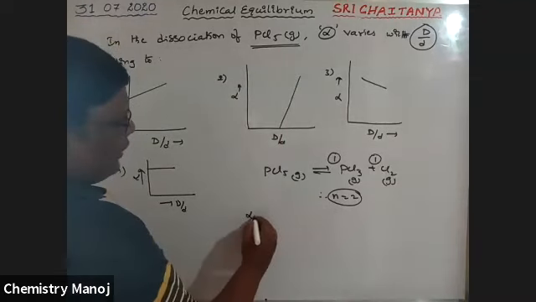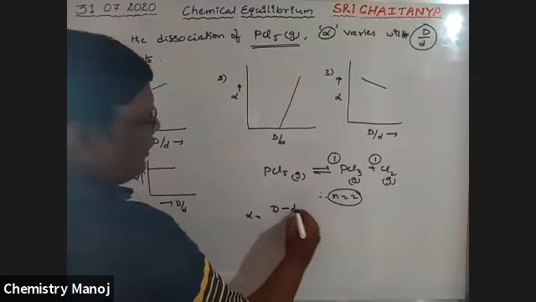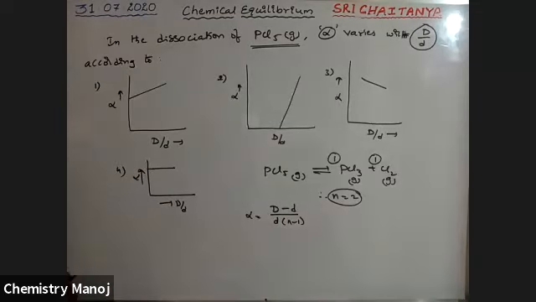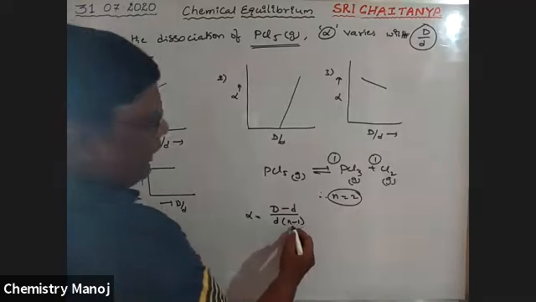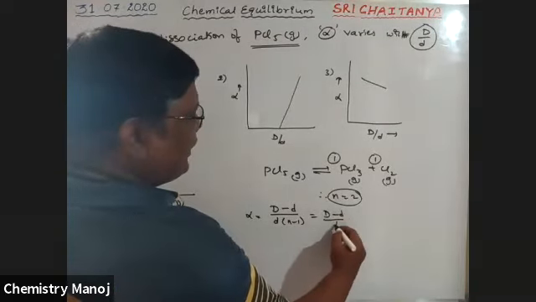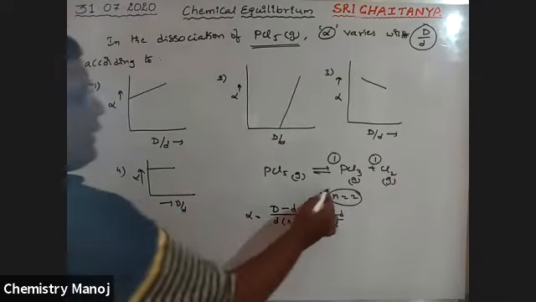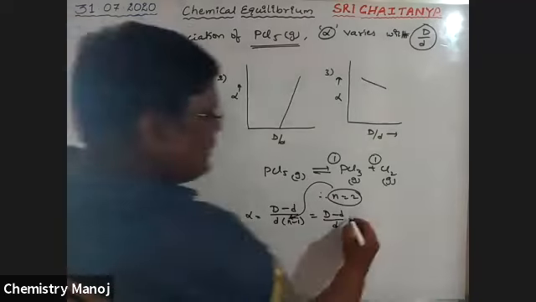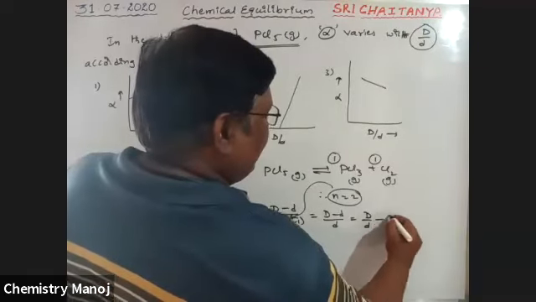We have the formula alpha is equal to (capital D minus small d) by small d into (n minus 1). Put n is equal to 2 here. That implies alpha is equal to capital D by small d minus 1.